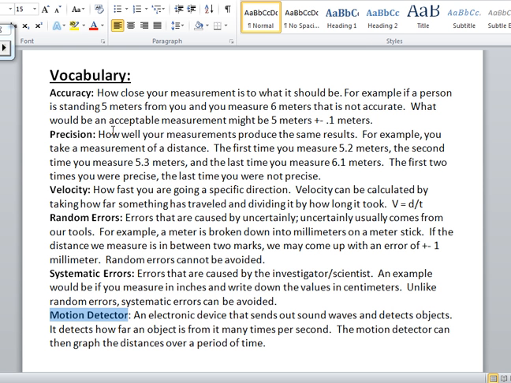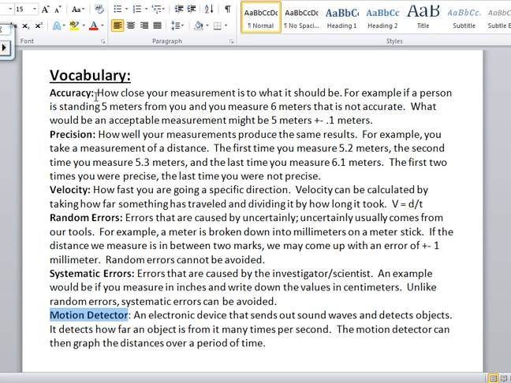So accuracy and precision. Accuracy is how far or how close are you to the actual answer of what is actually correct. Alright, so let's say you have a football field and you measure how long that football field is.